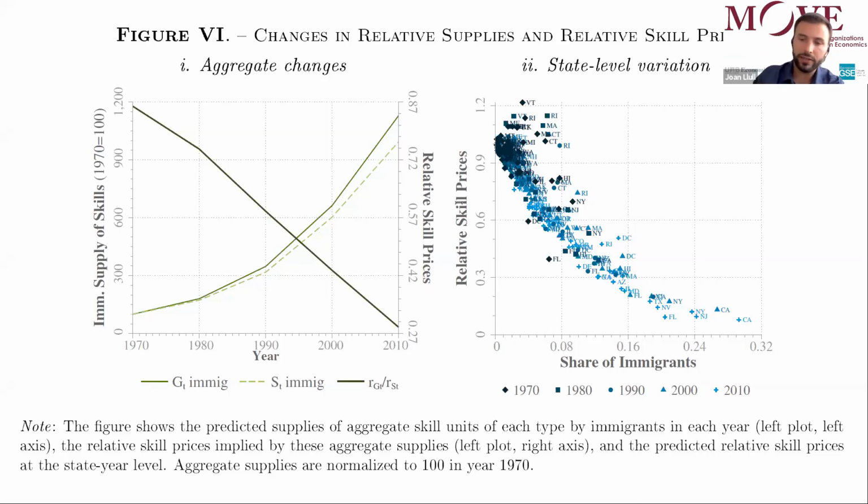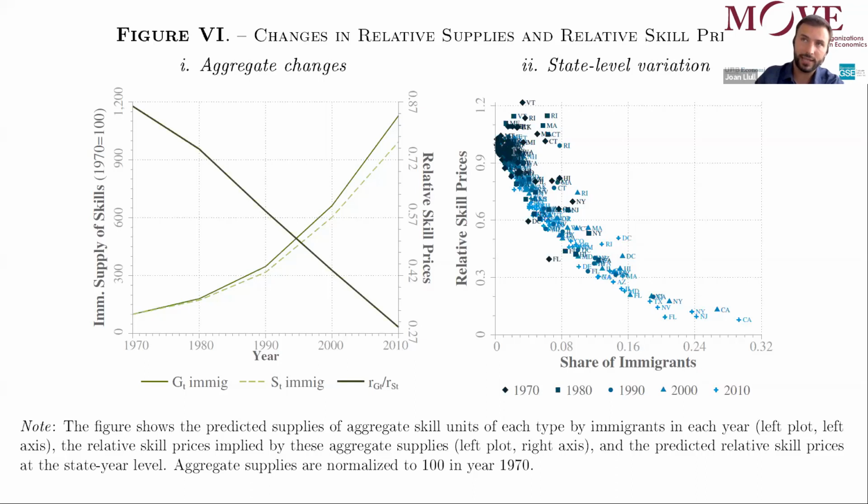What you have in the right-hand side graph is to give you a little bit of a sense of how different this increasing competition is in different states. What we do is compute the relative skill prices for different states in the US in each period. The different patterns here mean periods, and the letters identify the states.